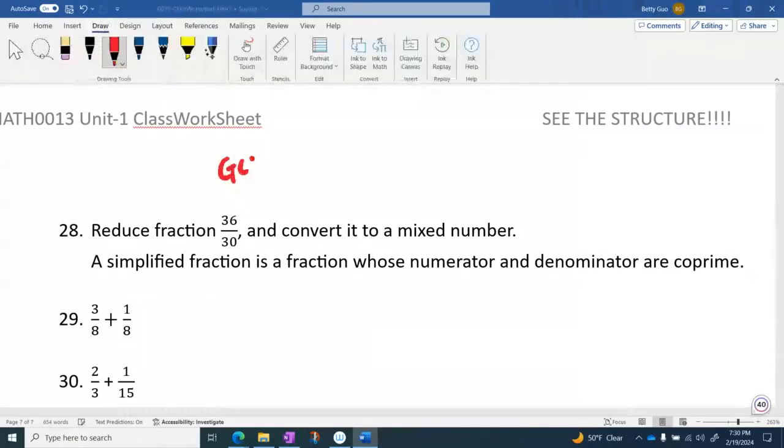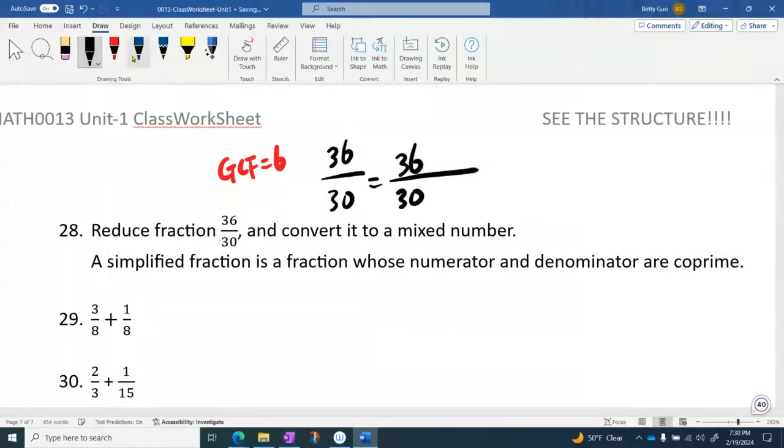Yes, the GCF is 6. Once you find the GCF of the numerator and denominator, you divide both the numerator and the denominator by the GCF.